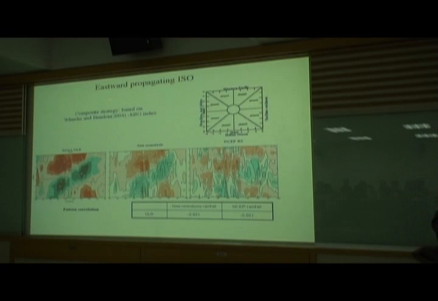This is the strategy of our composite. Wheeler and Hendon provided the MJO index. The MJO index basically depicts the life cycle of the MJO.